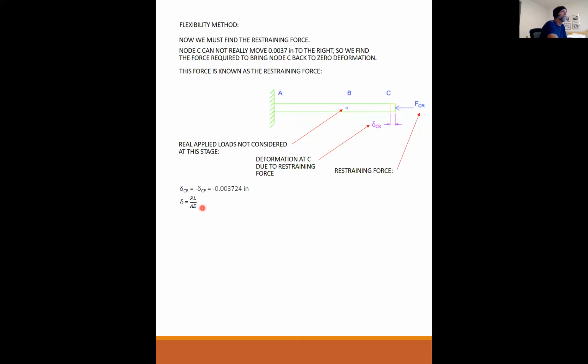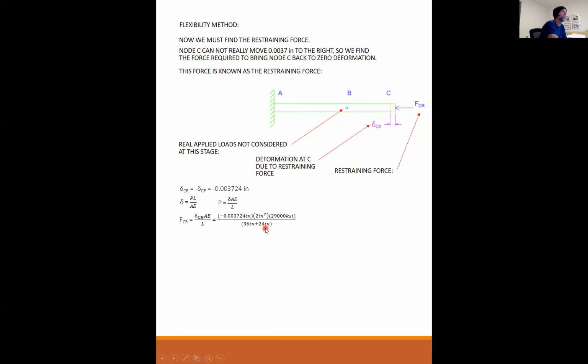Delta is equal to PL over AE. P then is equal to delta AE over L. So my restraining force is equal to delta CR AE over L, which is minus 0.03724 times my area 2, my modulus, over the entire length of the rod, because it's being squeezed back all the way to the support.